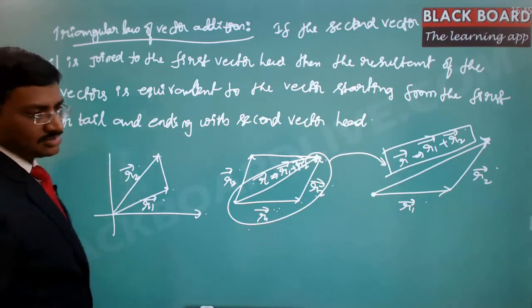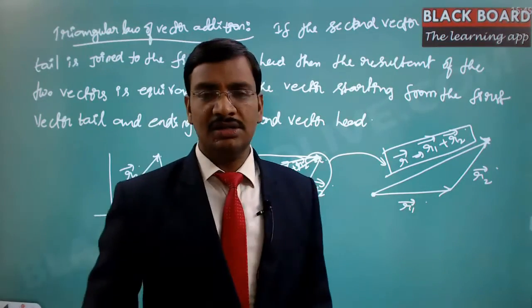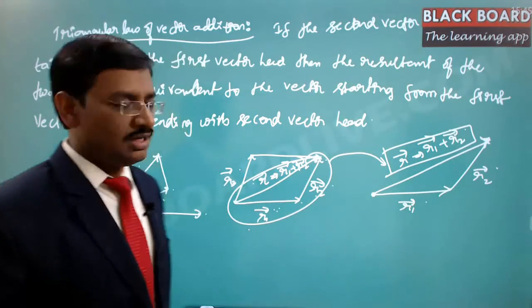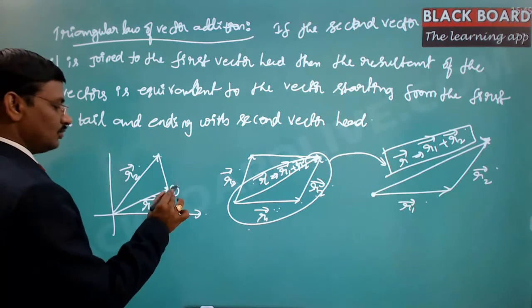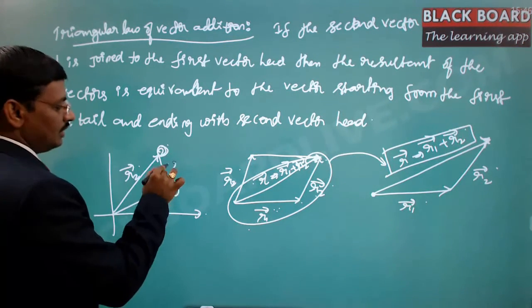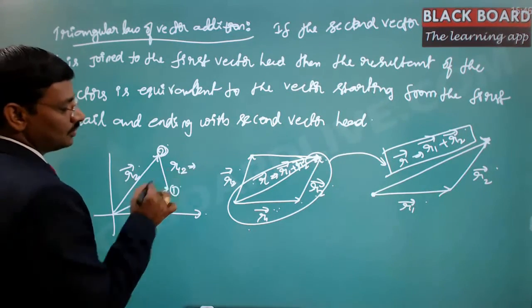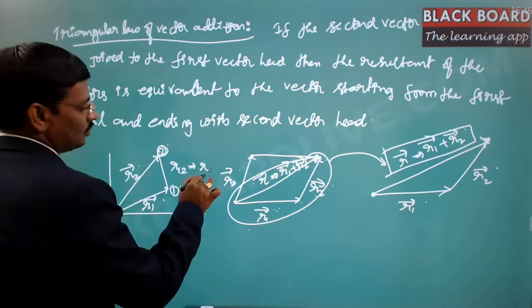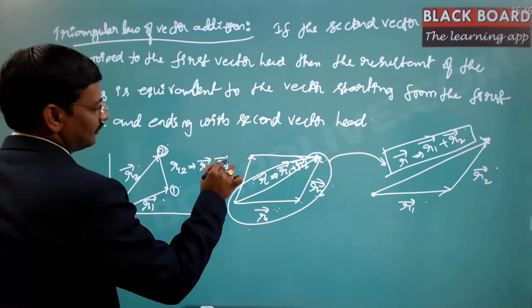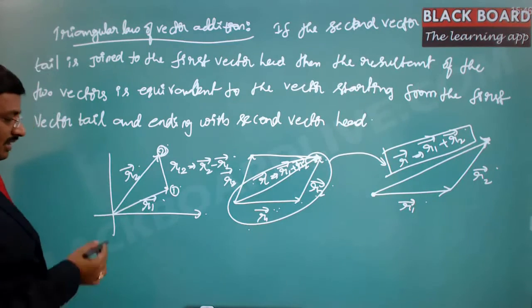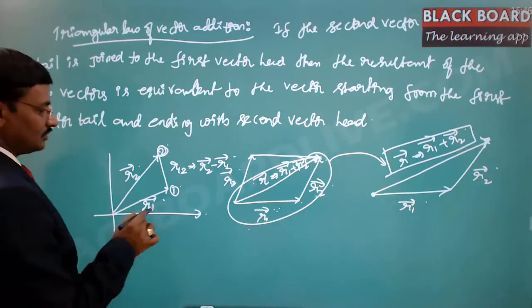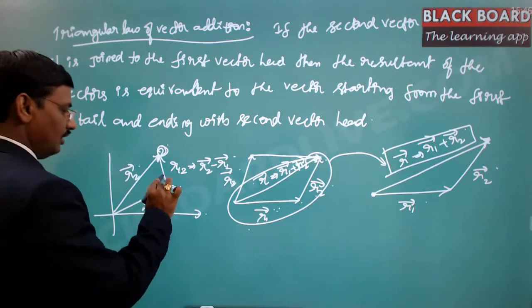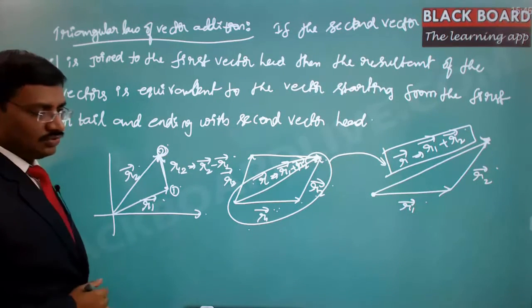Most of the times, in the case of Coulomb's law or Newton's law of gravitation, this point is 1 and this point is 2, and R12 is R2 minus R1. The reason is, in the case of the triangular law, the R12 vector is this one, from 1 to 2.